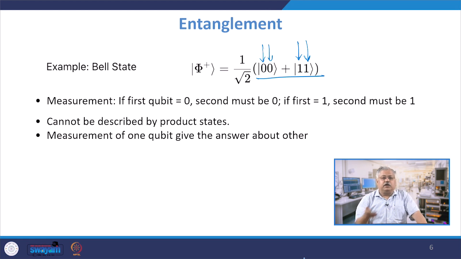This is basically known as entanglement, and this cannot be defined by classical product states, right. Therefore, if you measure one qubit, it gives me the answer about the other qubit: if it is 0, you surely know that it is 0 there. If it is 1, you surely know 1 is there in the state of entanglement. And this gives me a brief idea about the basic concepts of entanglement theory which is being applied here.